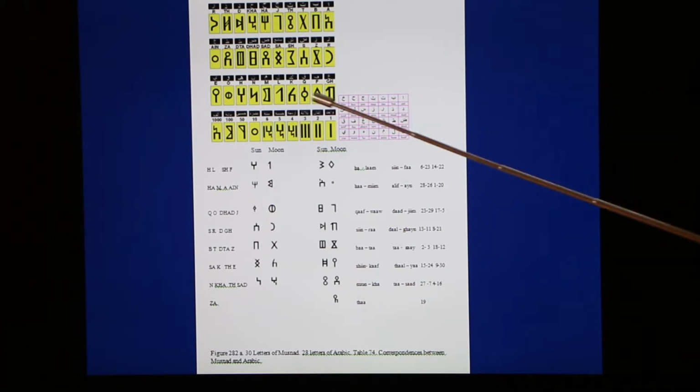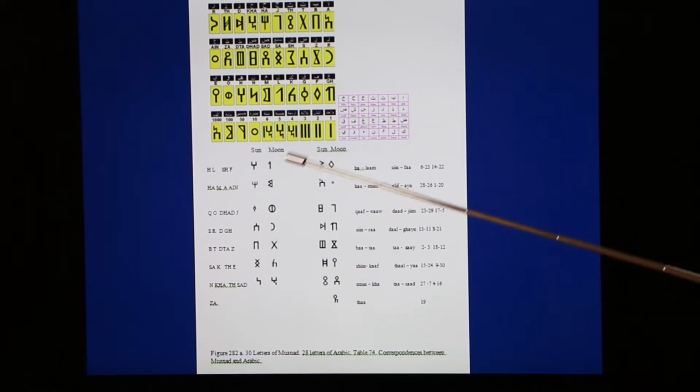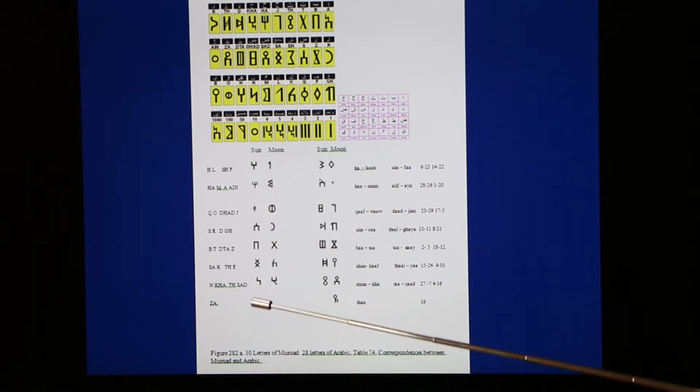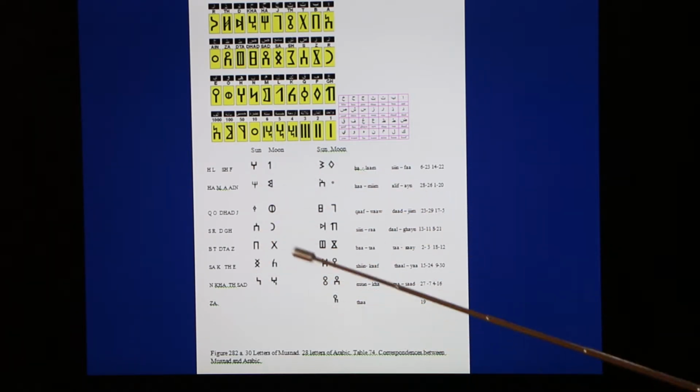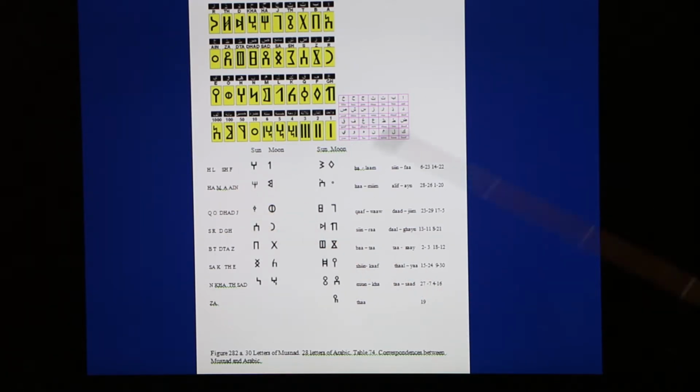If I do it in terms of sun and moon, I get back to exactly those same symbols that we had in Old Yemenite. And of course I can write it this way and have it linked with the Gematria.